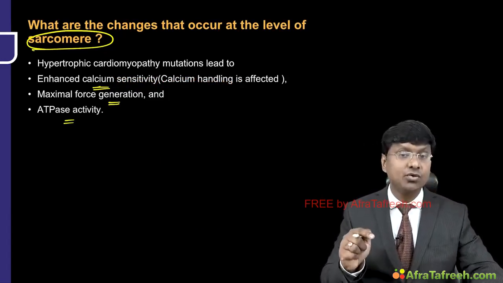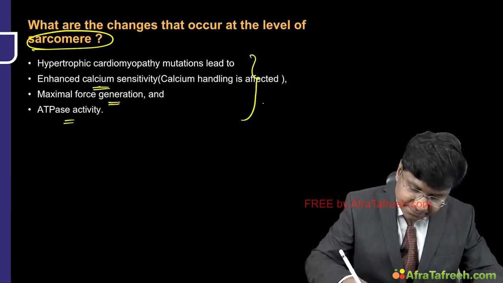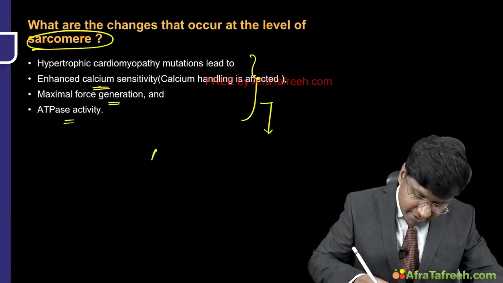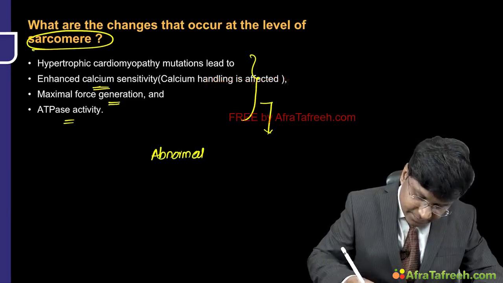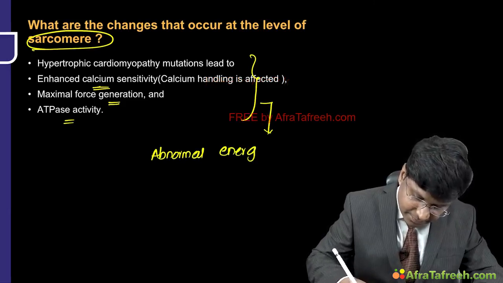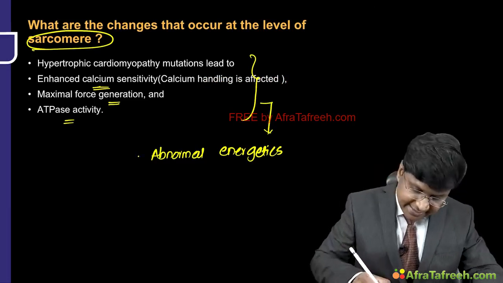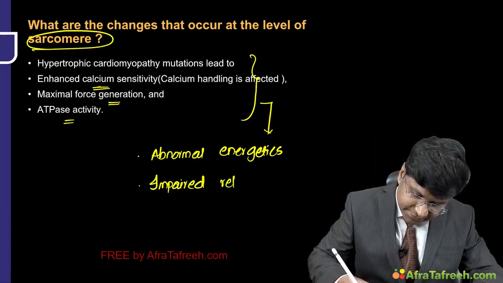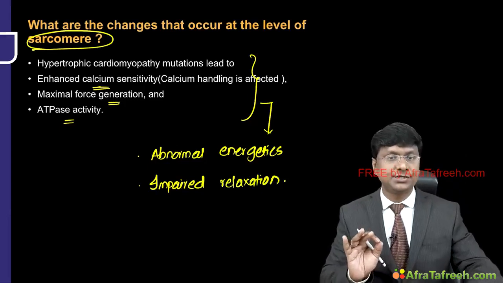And these changes due to the sarcomeric mutation lead to abnormal energetics and impaired relaxation of the myocardium.